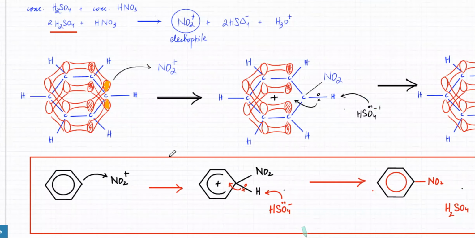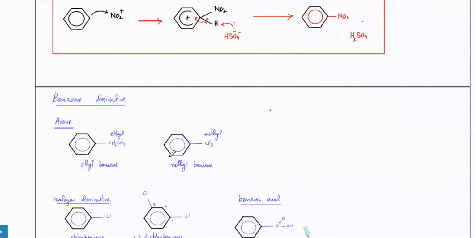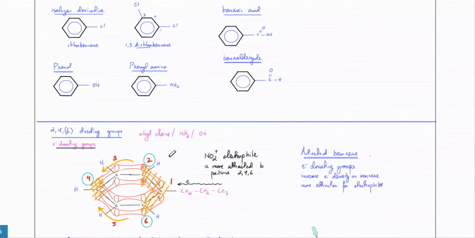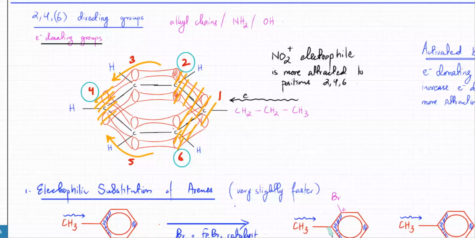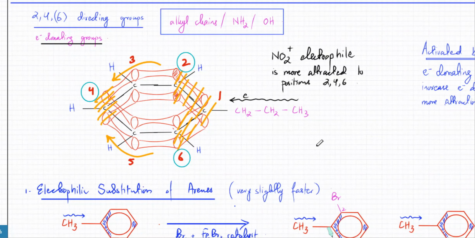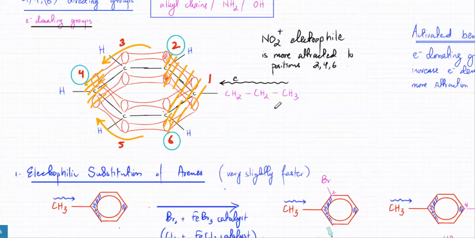And in benzene derivative compounds, I told you there are groups known as 2,4 directing groups, or 2,4,6 directing groups. These groups are alkyl chains or electron donating groups. If you attach an alkyl chain next to a benzene, the alkyl chain is going to push electrons onto the benzene.